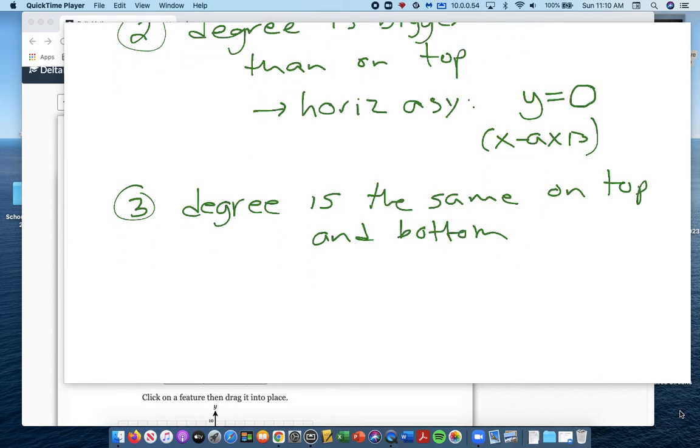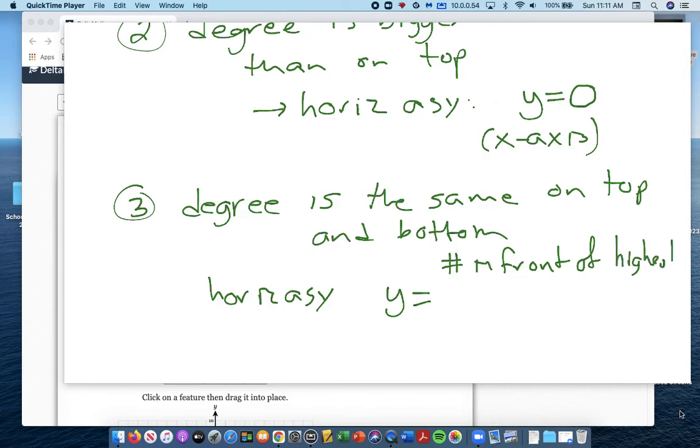What you're going to look at is the horizontal asymptote is y equals the number in front of the highest power divided by the number in front of the highest power.